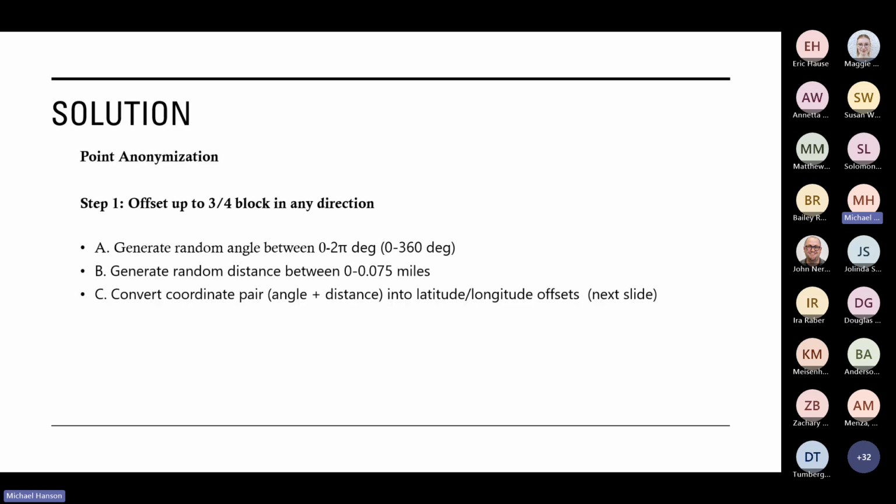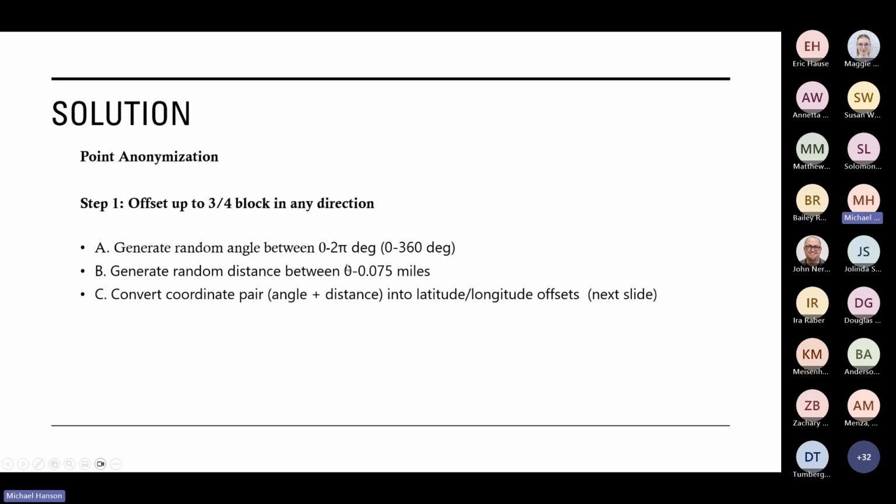Okay, now the fun stuff, the point anonymization. Kind of did this in two steps. The first step was offsetting the points up to 3/4 of a block in any direction. So the way I did that was I generated a random angle between 0 and 2 pi, 0 and 360 degrees.